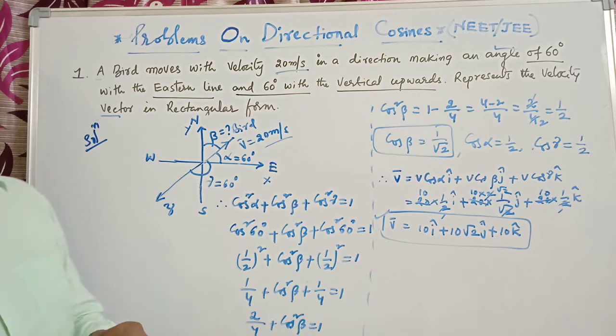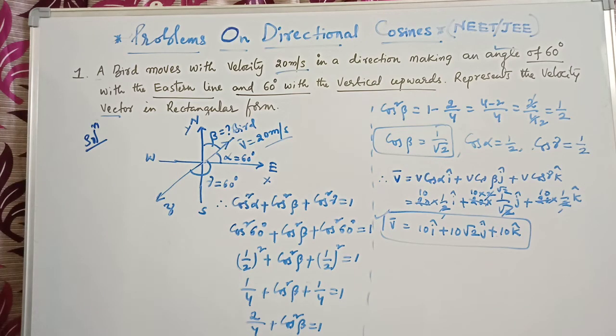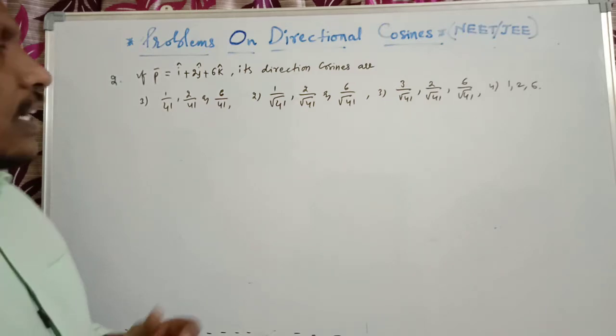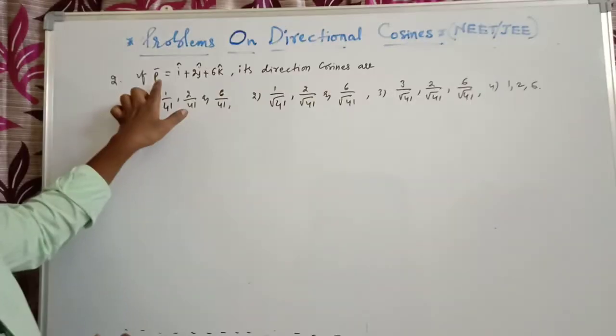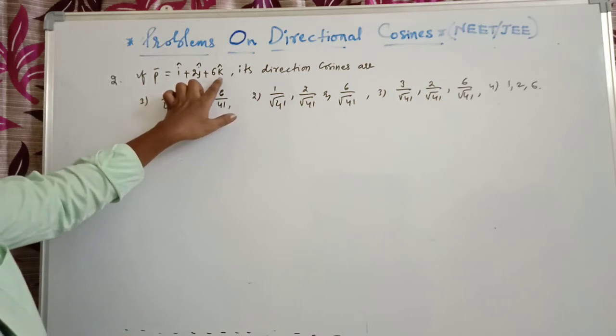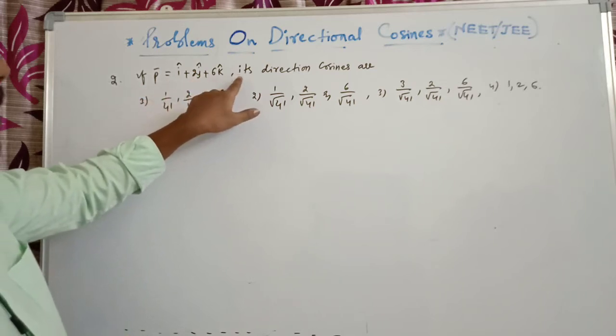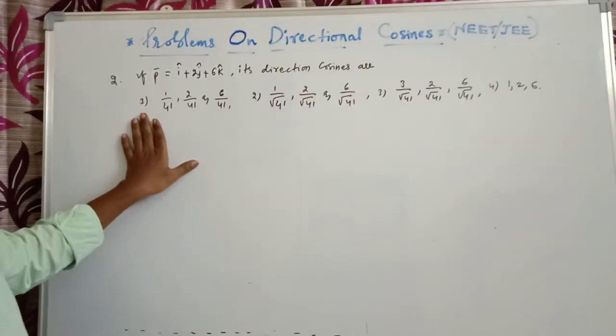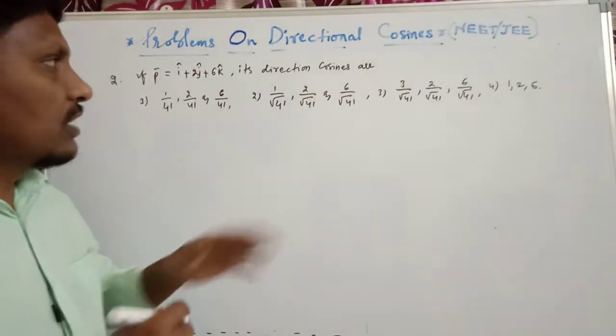Okay, now let us see the second question. The second question is, if p bar is equal to i cap plus 2j cap plus 6k cap, its direction cosines, options are given like this. Which one is correct? Let us solve it.